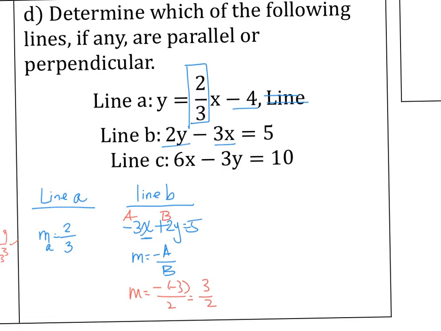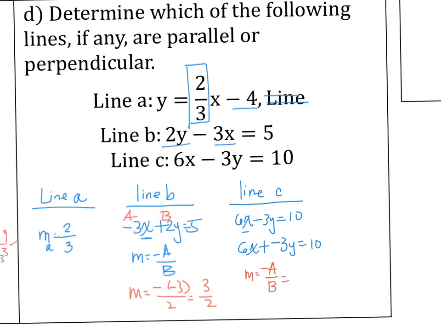And for line C, they give you the equation of the line also in standard form, this time with the variable x in front. So this would be 6x plus negative 3y equals 10, and we can apply the slope equals negative a over b formula again.